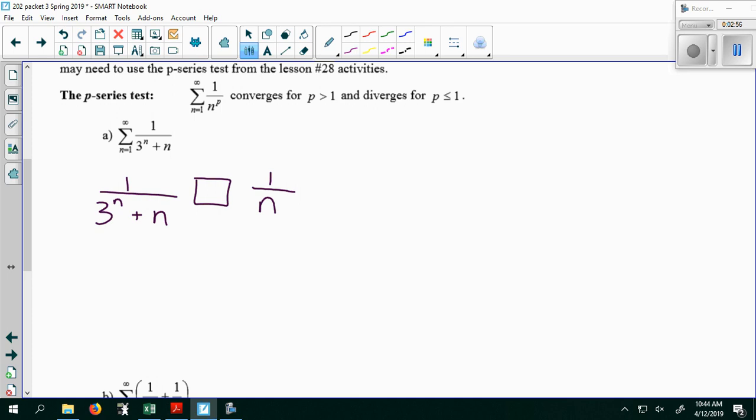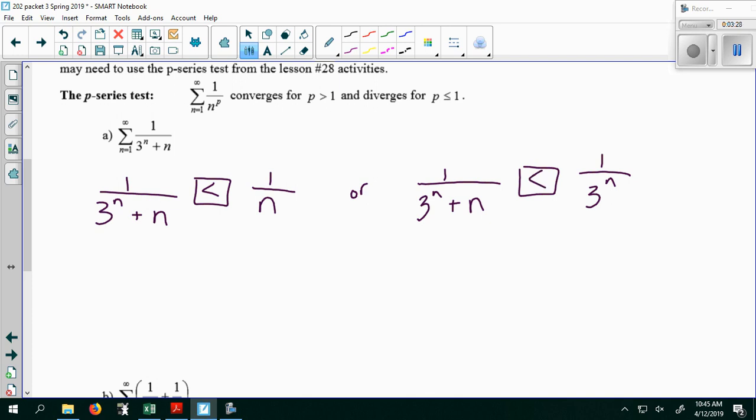So the denominator on the left here is bigger, which means that this fraction is smaller. So this is less than. Or I have another easy comparison I could make. I could compare 1 over 3 to the n plus n to 1 over 3 to the n. 3 to the n plus some positive value is larger than 3 to the n, so 1 over a larger value is smaller.